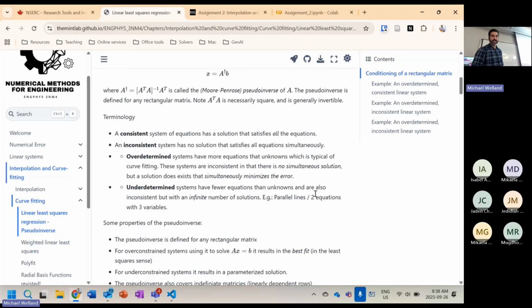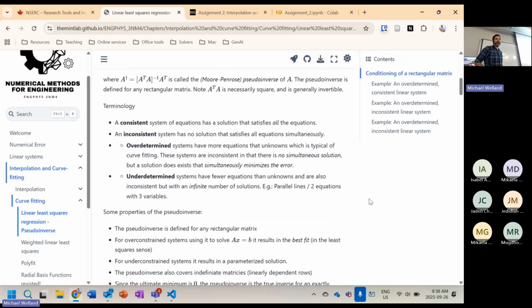An underdetermined system is when you have fewer equations than unknowns. Can you find a solution if you have 2 equations and 3 unknowns? Anybody? Who says no? Let me give you guys an example here.